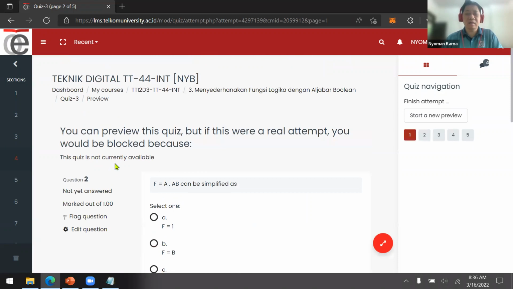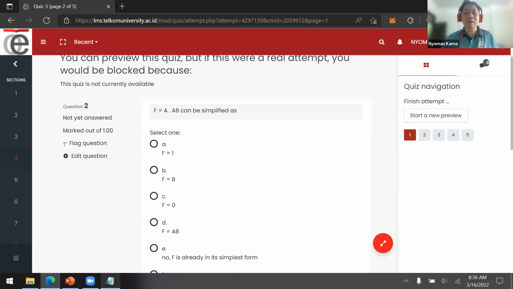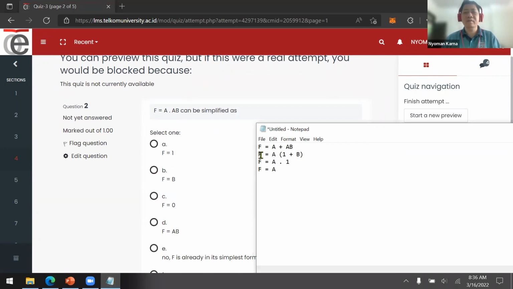Okay, the next question. Now we have A times AB. We can redesign this function to become an SOP, but this is actually a very simple function. Then we can just use the commutative law.